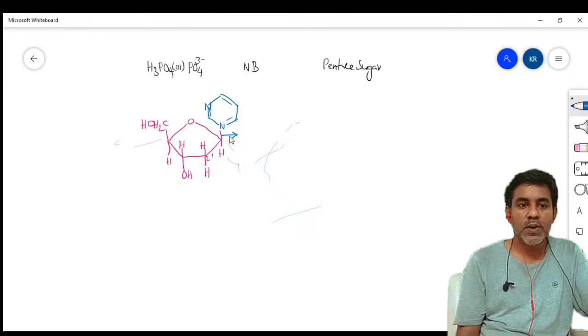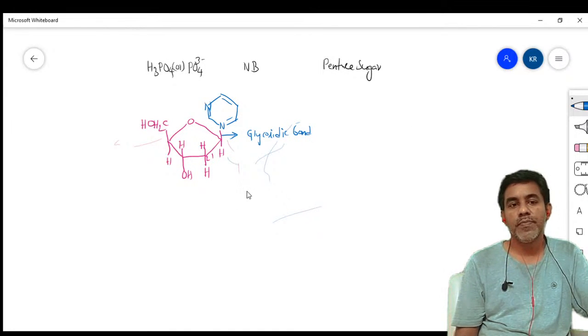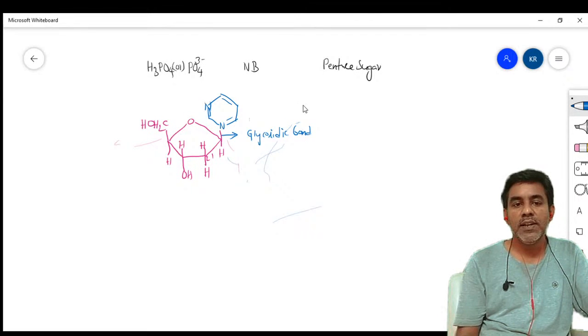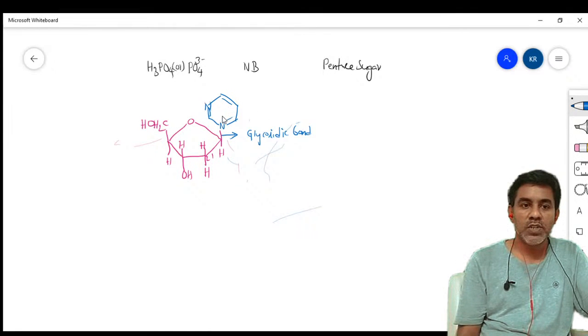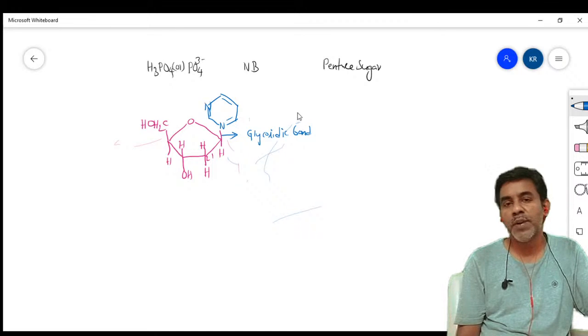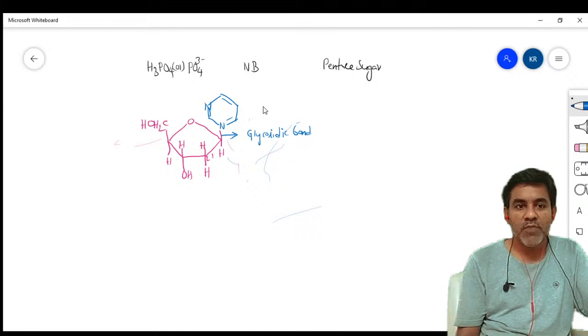So this bond is known as the glycosidic bond. Why? Because whenever sugar is involved in the bond formation, obviously it will become a glycosidic bond. But in between the nitrogen bases, if this one is the guanine with the cytosine, obviously the opposite component becomes the guanine. So there you will find the 3 hydrogen bonds like this.